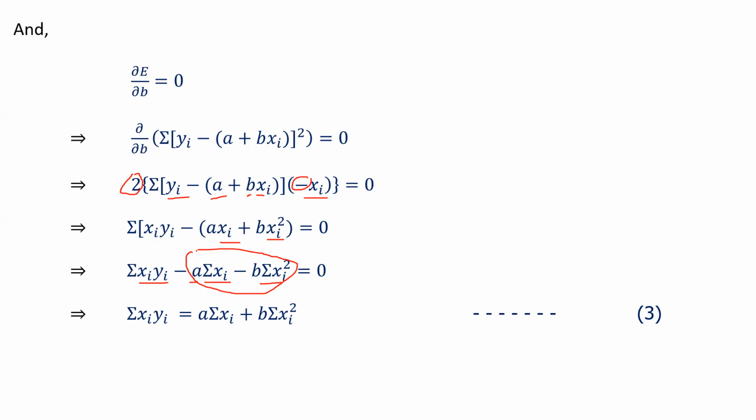So this is the other equation which we have obtained from the partial derivative of e with respect to b equal to 0. So these two equations, sum of yi is equal to na plus b sum of xi, and sum of xi yi is equal to a sum of xi plus b sum of xi whole square.